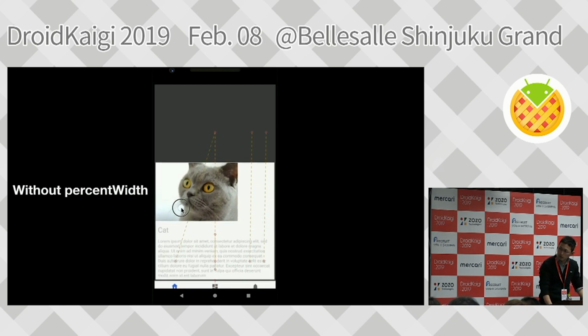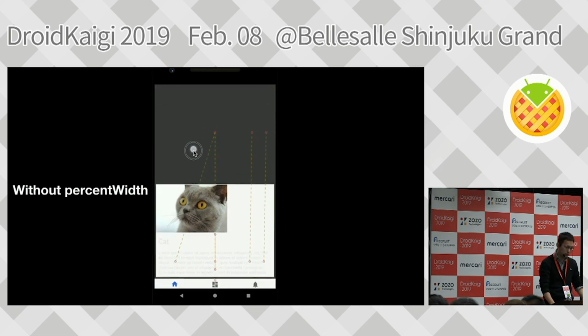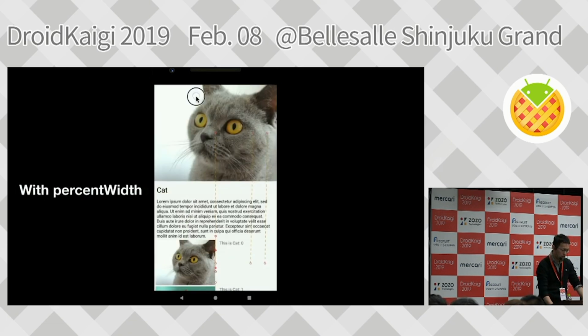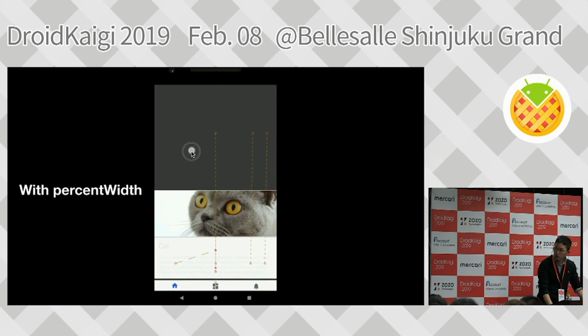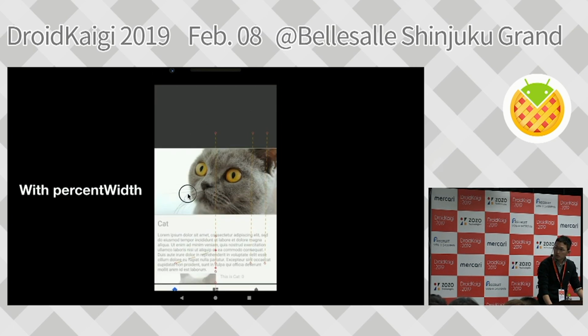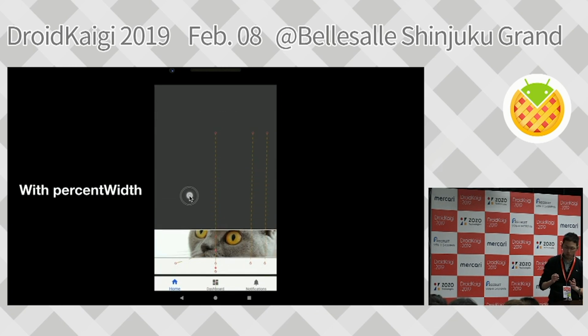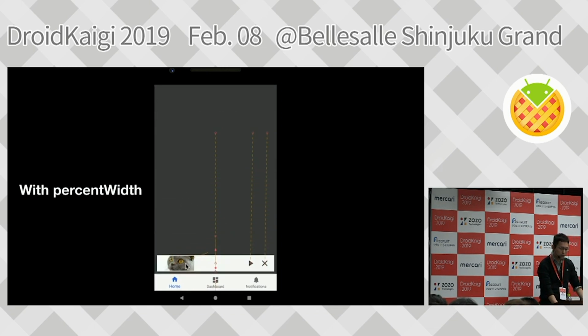But as you can see, the animation doesn't look exactly like the real YouTube app. So with using percent width, the resulting animation looks like this. The result is much more similar to the actual YouTube app. Let me explain behind the scenes.